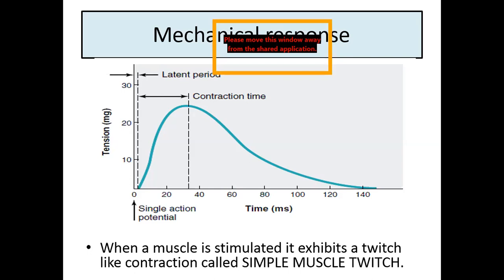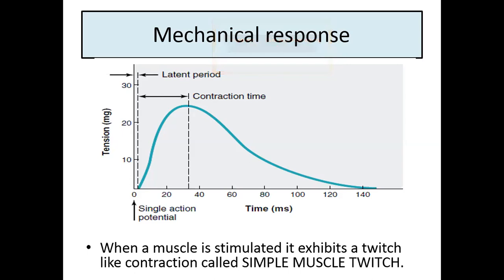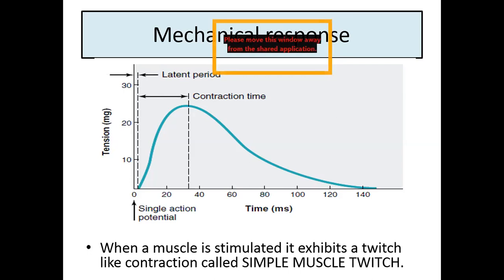There is no electrical change here. The electrical change causes the mechanical change, meaning the sarcomere is shortened, and there is an increase in tension followed by a decrease in tension. All these changes are mechanical changes, so that is called the simple muscle curve.